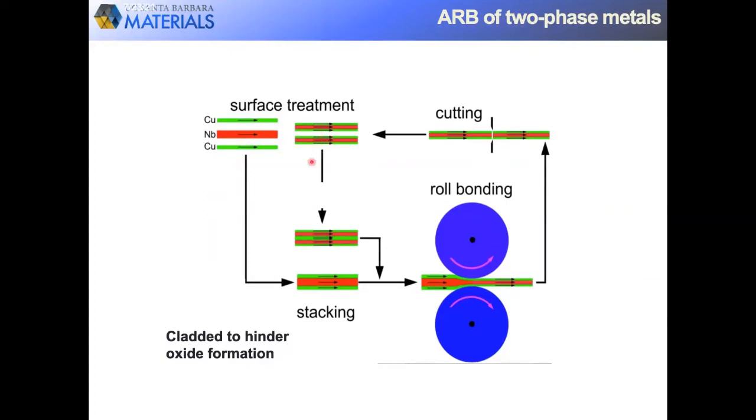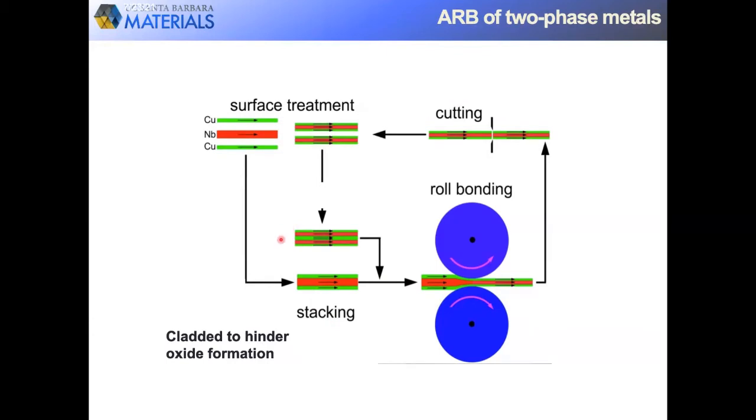Once they're stacked, you roll them, and they come out bonded and elongated. As they're elongated, you cut along that length, restack again, and repeat the process of rolling again. That is considered one ARB pass.